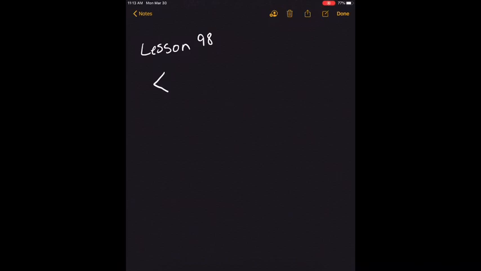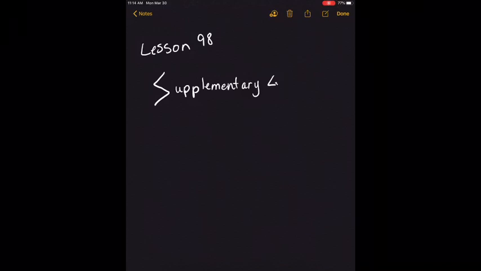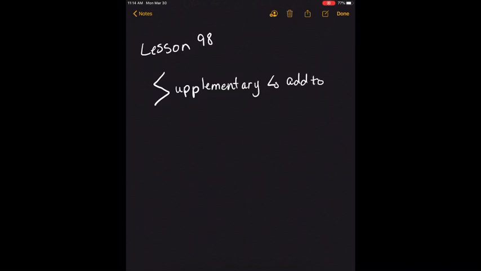If you'll recall, supplementary angles add up to 180 degrees.